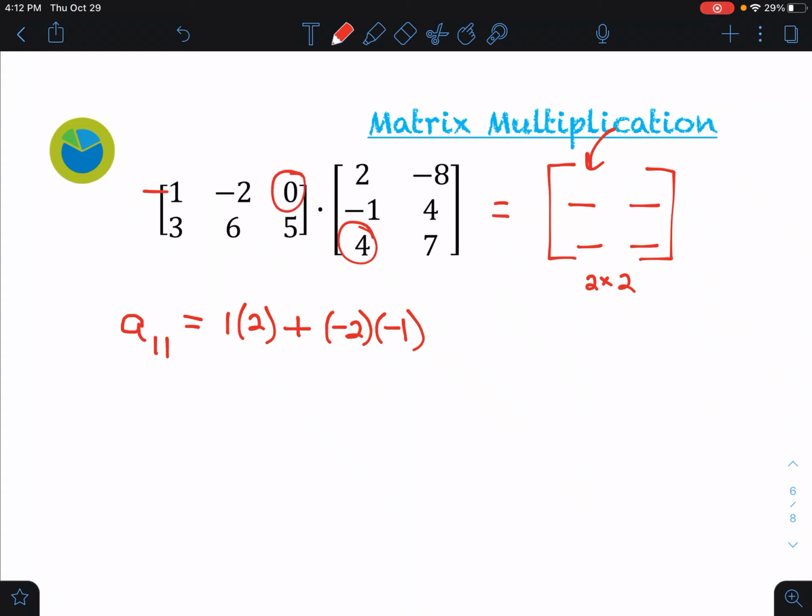So notice I'm just going this times this. All right. So plus 0 times 4. Okay, so now, you can do this in your head, but I'm going to write it out for this time. Okay, so this would give me 4. So that goes in this position right here. That's 4. All right.